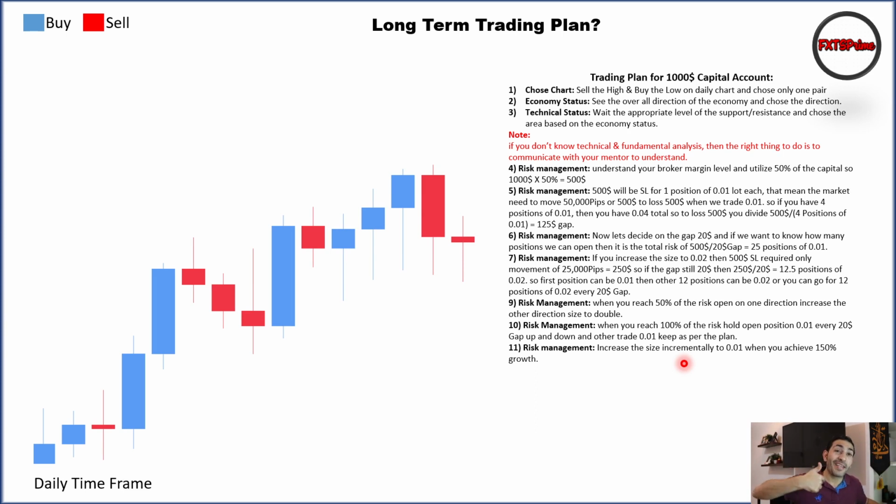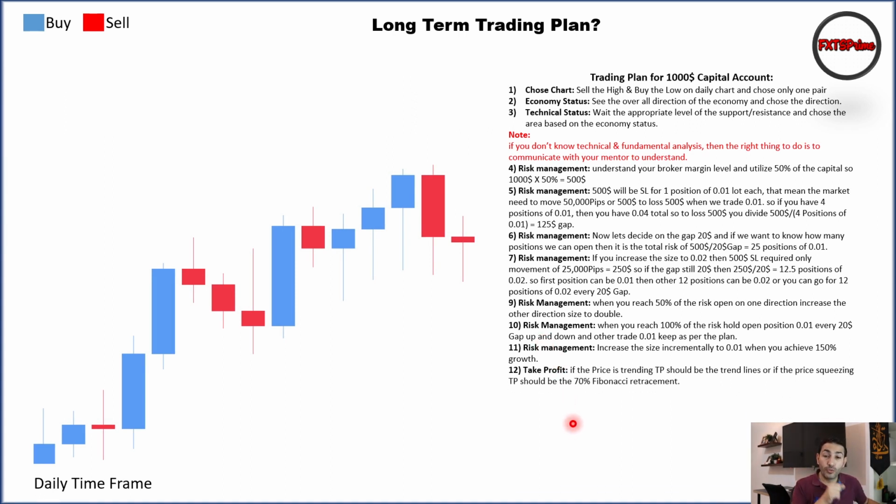Then I can increase the size for my trading plan. I will keep the same position, the same plan, the same gap, but I will increase the size of my trading plan. Let's say I was trading 25 positions with 0.01. I will start to double the size to 0.02 for 25 positions with the same gap and the same plan.